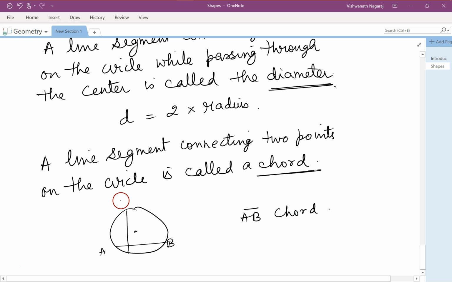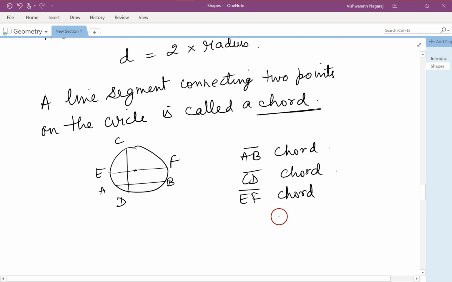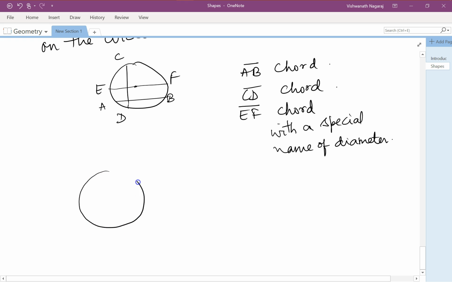Similarly, CD is a chord. What about this again? EF is a chord. A chord with a special name, that of diameter.